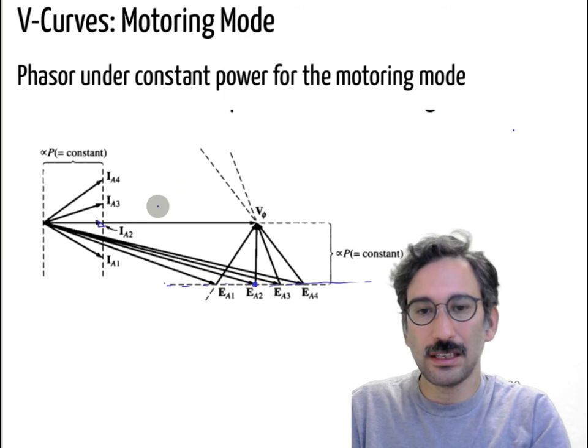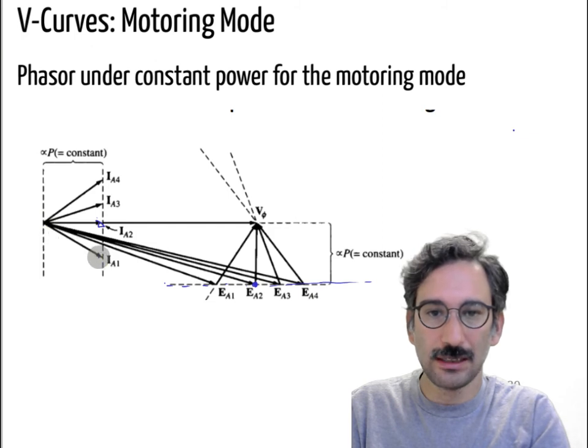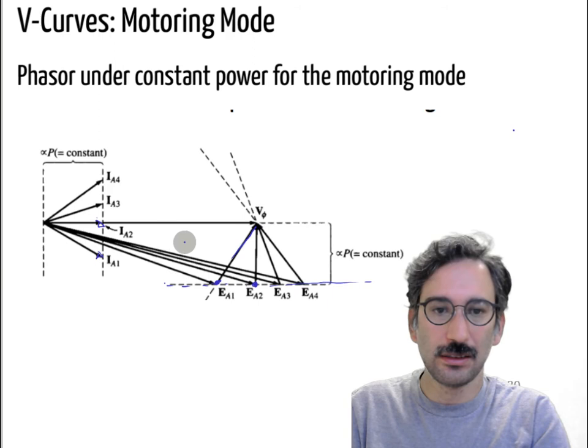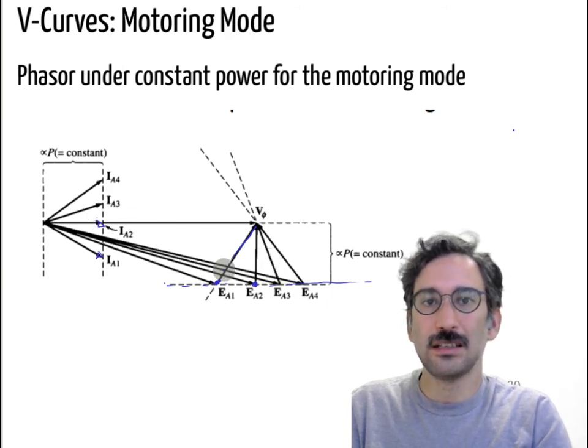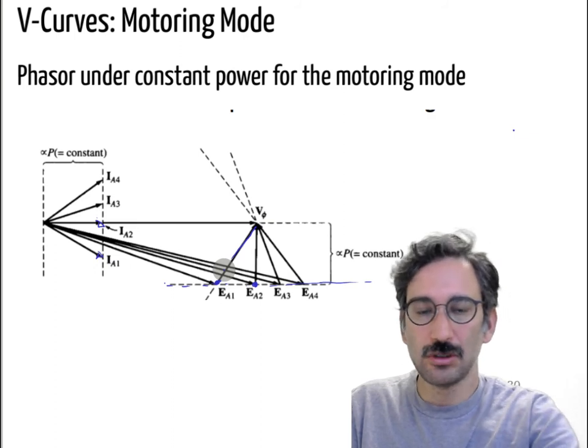But let's see what happens if it is working at lagging power factor IA1. That results in a vector like that, so you need a small EA magnitude. However, as you go to the leading power factor, your EF gets larger and larger. So we have an inverse relation.